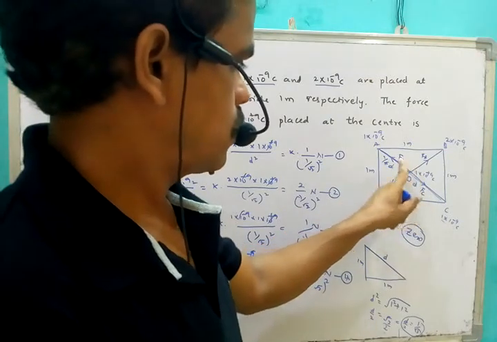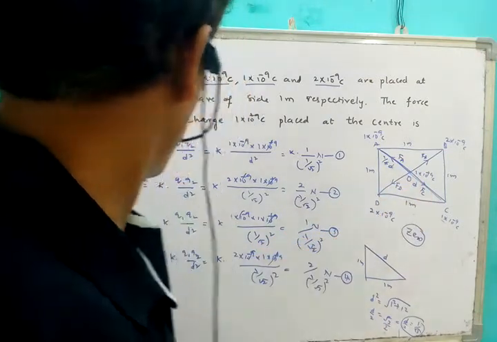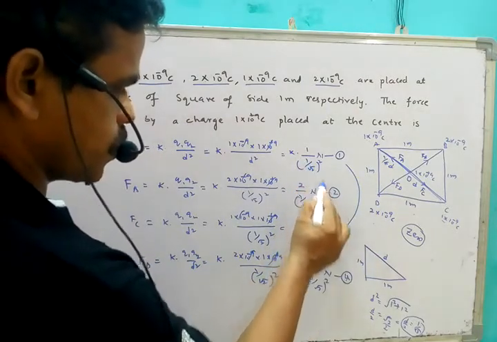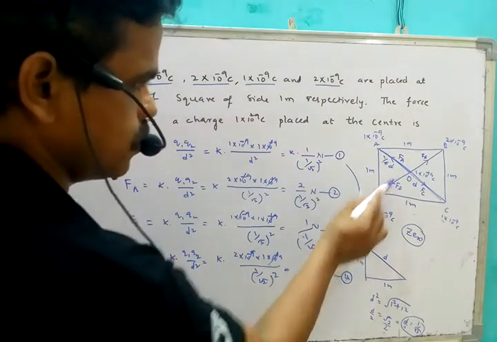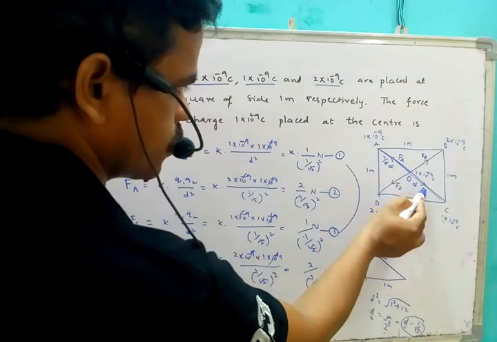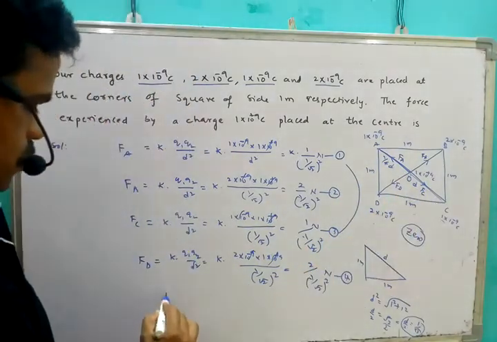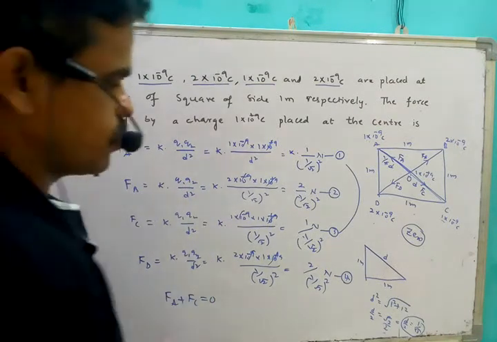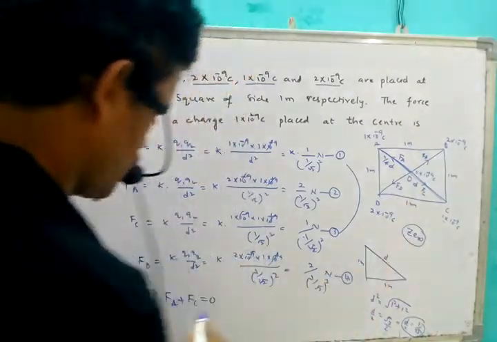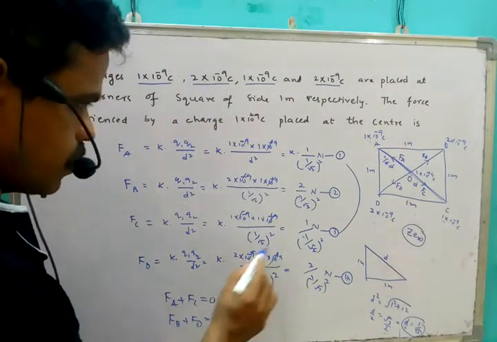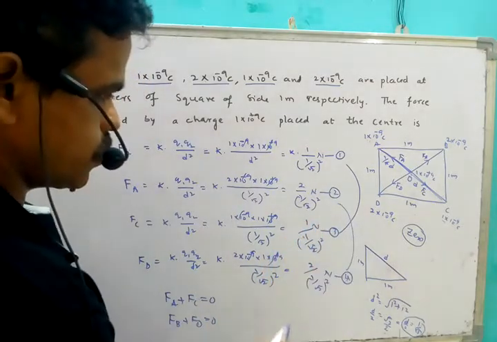So just look here. FA and FC are opposite and equal forces. Look here, these two, 1 by root 2 whole square newton, 1 by root 2 whole square. These are equal and opposite forces. The net force FA plus FC equal to 0. The same like that, FB plus FD equal to 0, because observe these two equations.